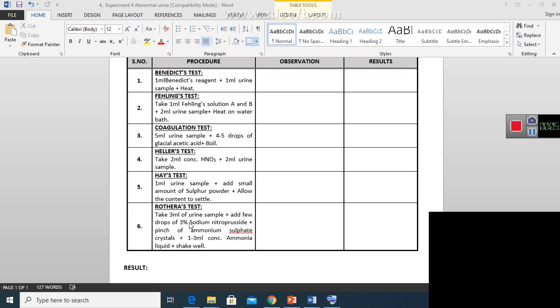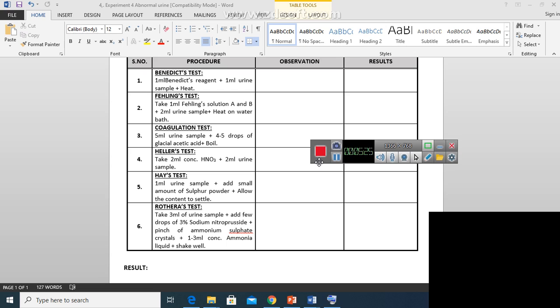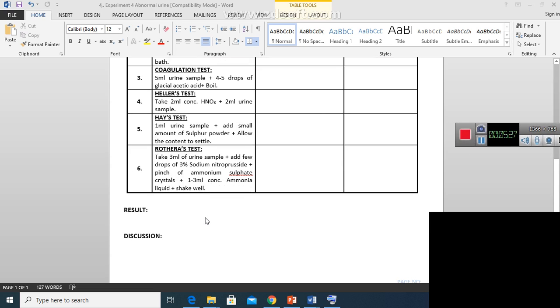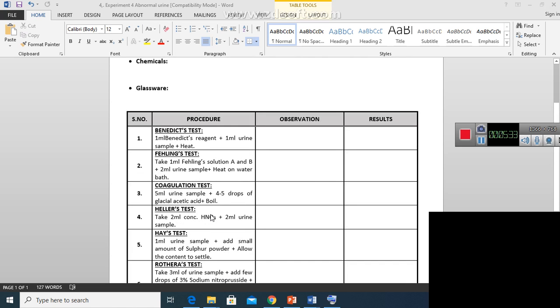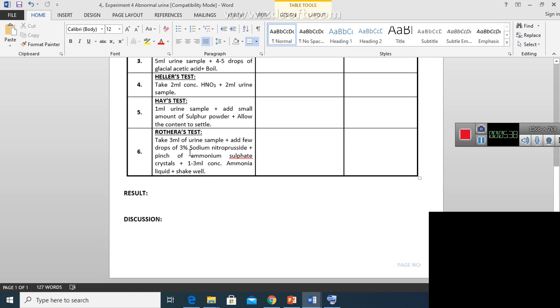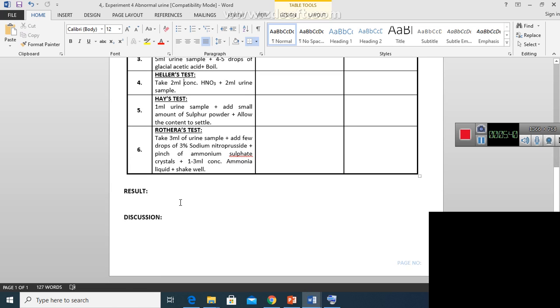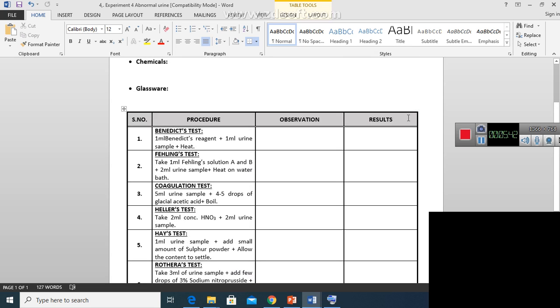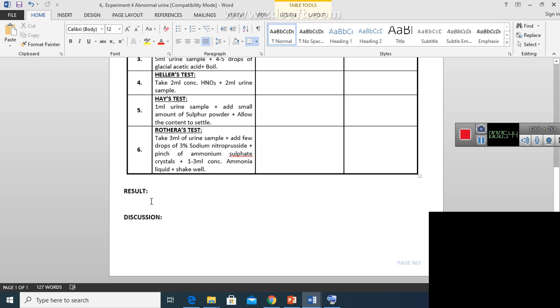Because if you do not use the sodium nitroprusside in exactly this percentage, your experiment will not go right, it will go wrong. So before starting this test, you should check that all your chemicals are prepared accurately.